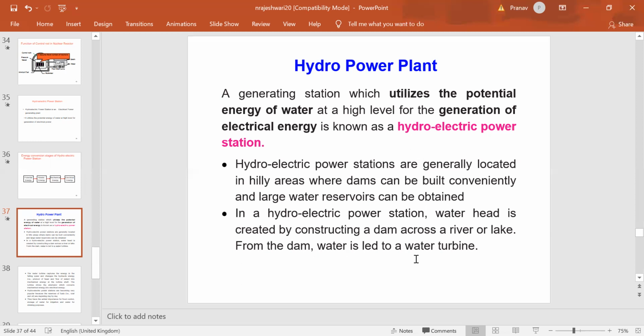These stations are located in hilly areas where a dam can be built conveniently and large water reservoirs can be obtained. In these stations, a water head is created by constructing a dam across the river or lake. And from this dam, water is led into the water turbine.